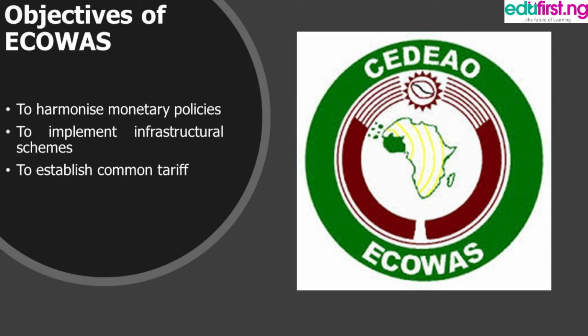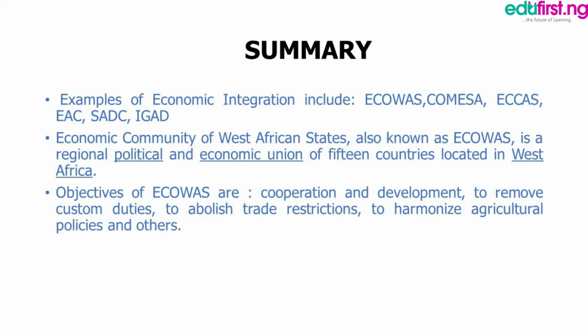Now, let us summarize what we have just discussed. Examples of economic integration in Africa include ECOWAS, COMESA, ECCAS, EAC, SADC, and IGAD. ECOWAS is a regional political and economic union of 15 countries, and they are all located in West Africa.